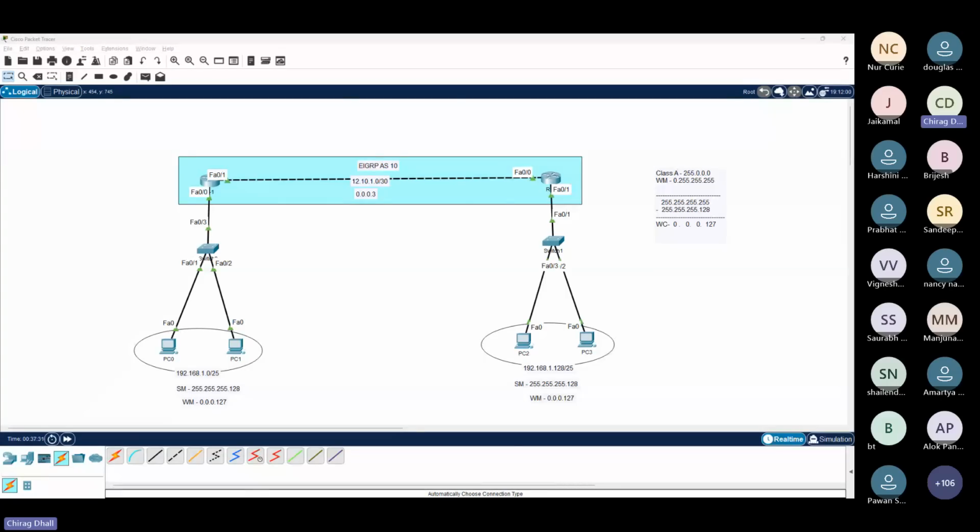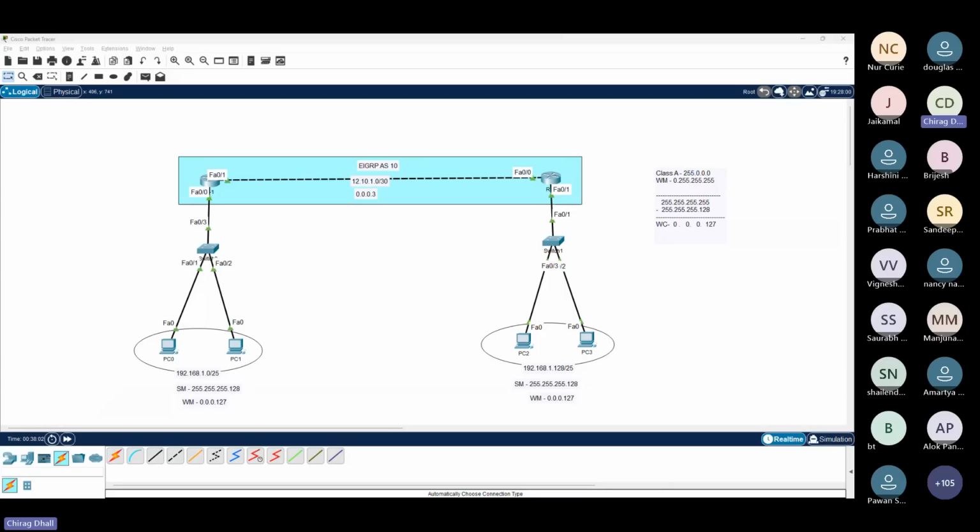Then we have a question: what is no auto-summary? In certain examples of EIGRP configuration, and also in the EIGRP lab guide, there is the command no auto-summary. EIGRP used to automatically summarize networks back in time with the previous IOS versions. IOS is the operating system of the router.